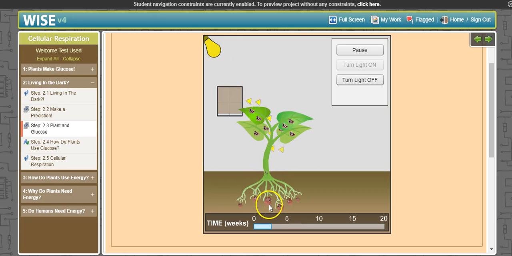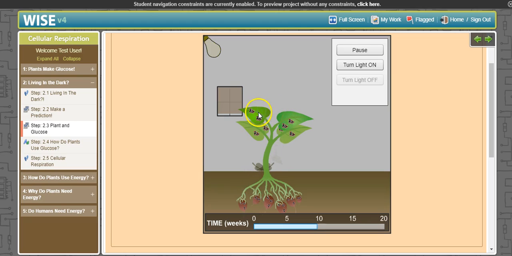It's stored in the sweet potatoes that are growing in the soil, and lots of glucose is being produced as time goes by. But if we turn off the light source, or we close the shade and there's no more sun, however you want to think about it, the plant's in the dark, well, the plant is going to try and survive. It's going to try and continue to carry out all of its functions of respirating and surviving.